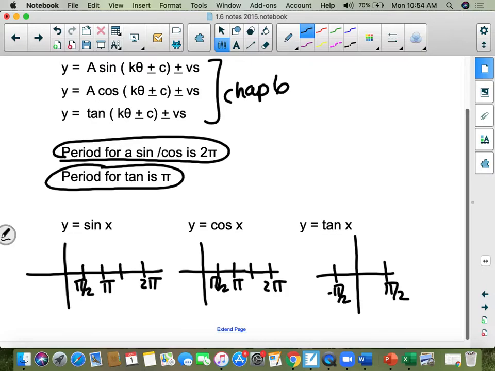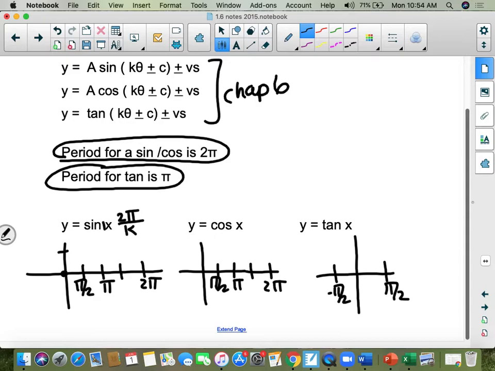I'll wait for you guys to catch up here. There's a little imaginary 1 in front of the x, and that's how we got 2 pi divided by k, and the k is 1, and that's why we went out to 2 pi.